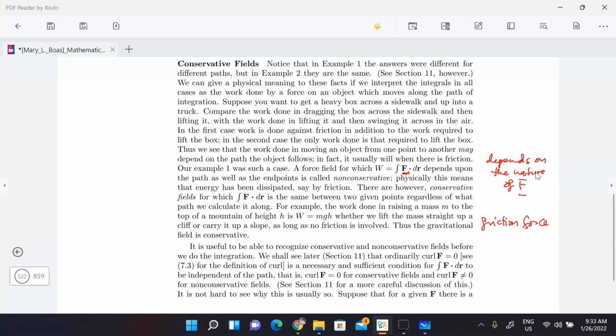So in that particular case, we will see that this is dependent on path. But there are forces in physics that you already know that only depend on the endpoints. And these are what we call conservative forces. So friction force essentially is non-conservative. Forces that only depend on the endpoints, then this is what we call a conservative force.